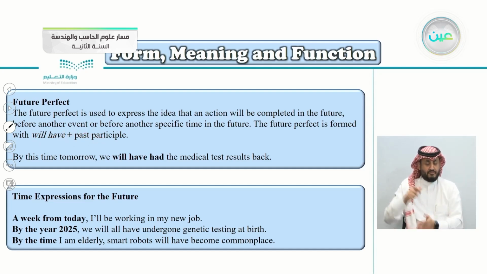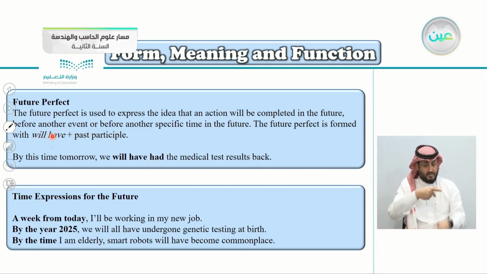Let's take an example here. By this time tomorrow, this is the first event here. I'm talking about by this time tomorrow, for example, in the afternoon, we will have had the medical test results back. We will have had. So the past participle here is had.